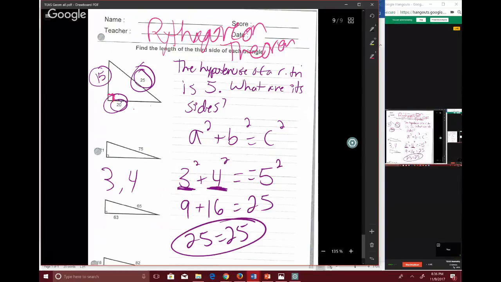If you put any other 2 numbers in there, it would come out to being like 20 equals 25 or 35 equals 25. Obviously, 20 or 35 does not equal 25. So you'll only have one possible combination of sides that when you plug them into the equation, square them, and add them together, actually end up making the statement true.